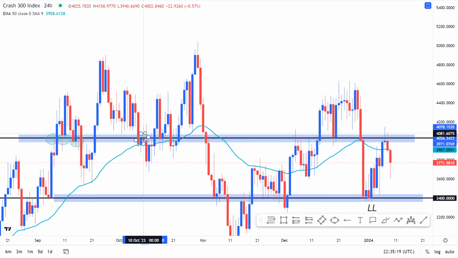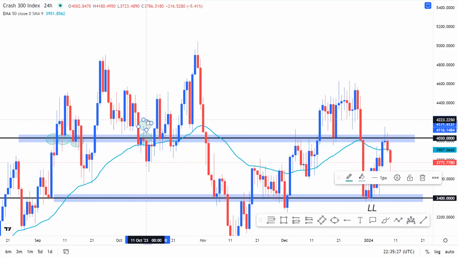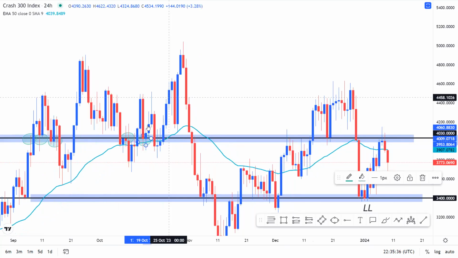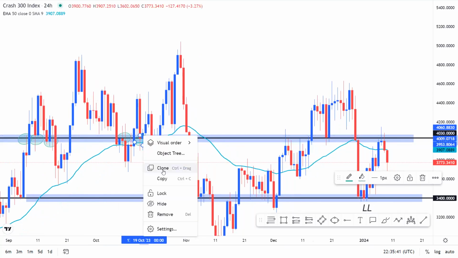So we tested the level from the downside, with the level acting as resistance right about here. And then, of course, we had the level as support right about here, seeing this nice price rally to the upside as soon as we tapped into the level.